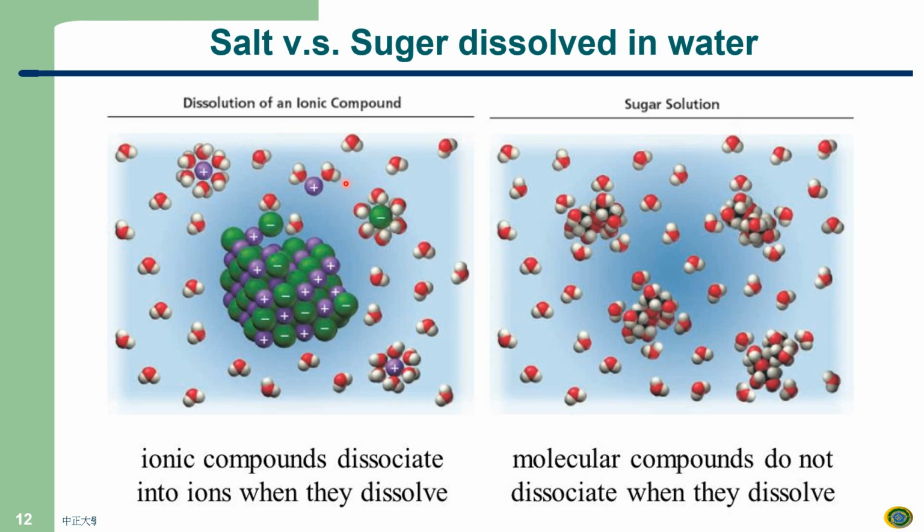So this is what we call an ionic compound. But sugar is not an ionic compound, right? So sugar will be torn away piece by piece and trapped by water. So these are molecular compounds that do not dissociate when they dissolve. But sodium chloride, salt will be dissolved, or dissociated.